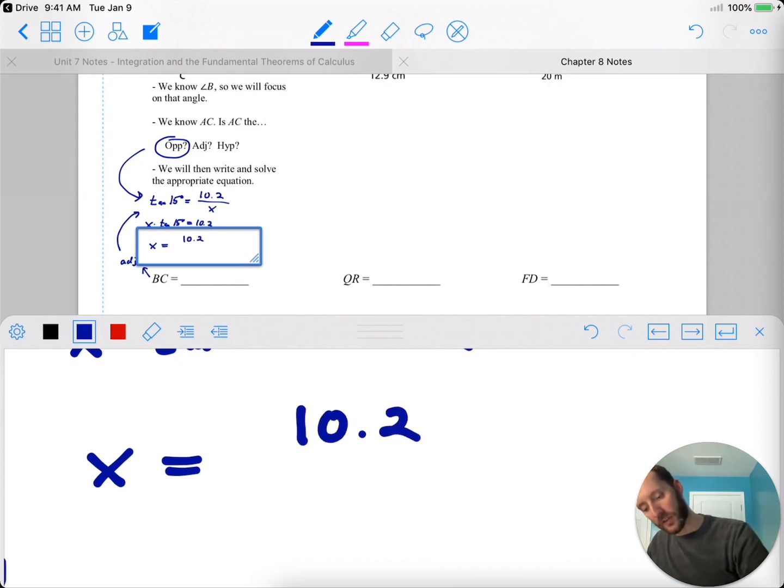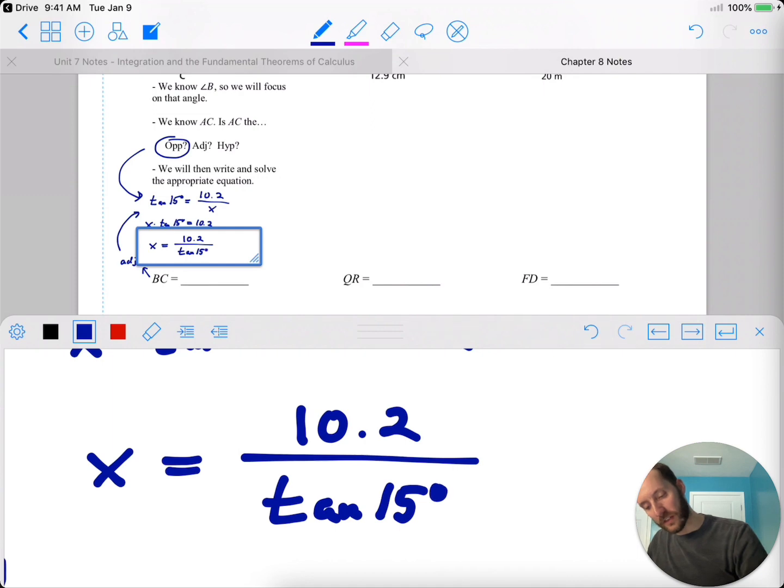So 10.2 divided by tangent of 15 degrees. Just make sure you're in degree mode. All right, 10.2 divided by tangent of 15.